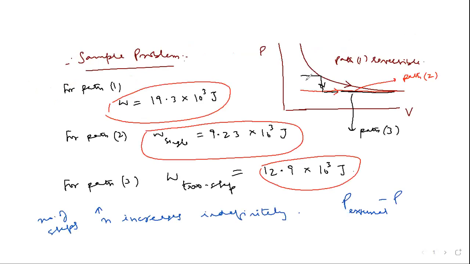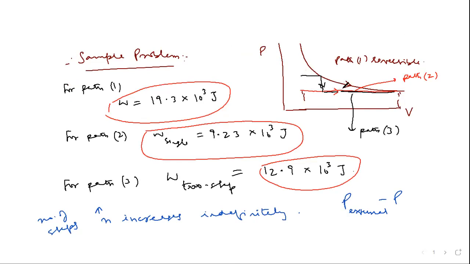So this area under these rectangles, one area was this, one second area is the end area under the reversible process. Then we have another area under this black curve.